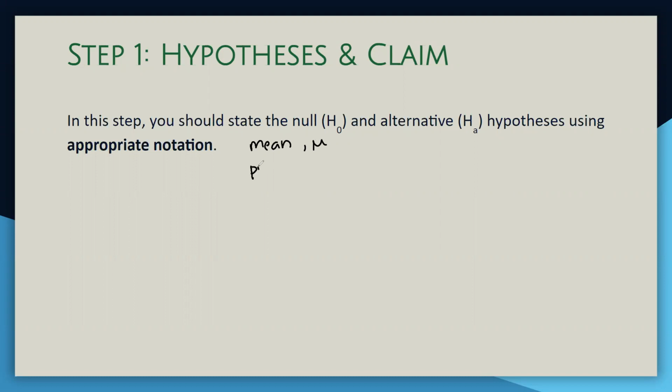If it's a claim about a proportion, we know we use the symbol p. So you'll have statements about mu is equal to a number, and then mu is not equal to a number, or p is equal to something, and then p is less than something. So make sure that the symbol that you're using, that notation, matches the claim that you are testing.